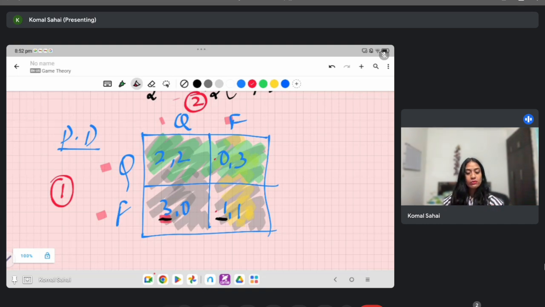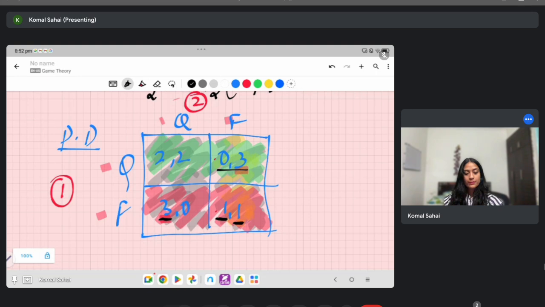So compare 2 with 3, 3. Then player 2 thinks that if player 1 is quiet, it is best for me to think, and if player 1 is going to think, then the best for me is to compare 0 with 1, which is to think again. These two are the best responses of player 2 to different actions of player 1.